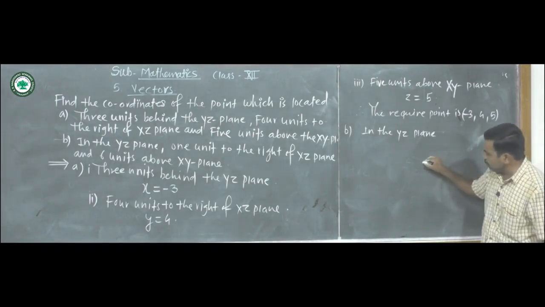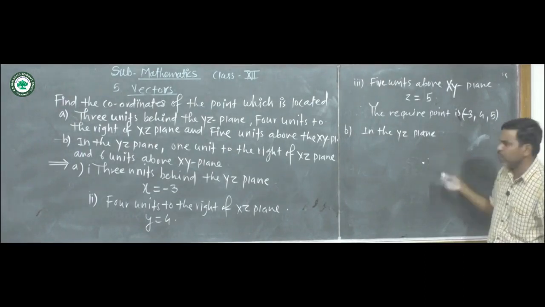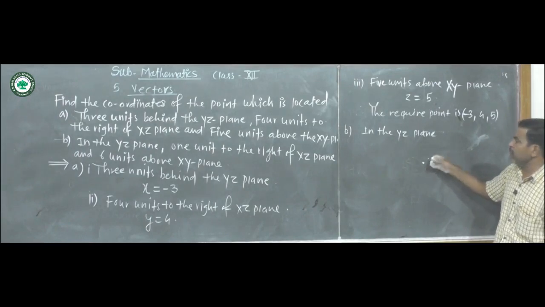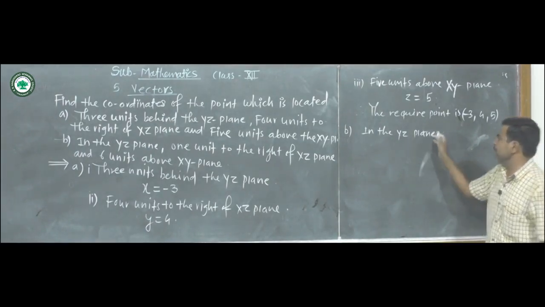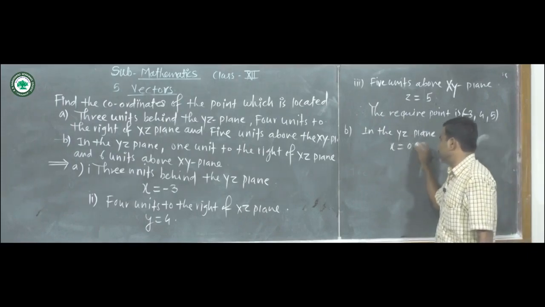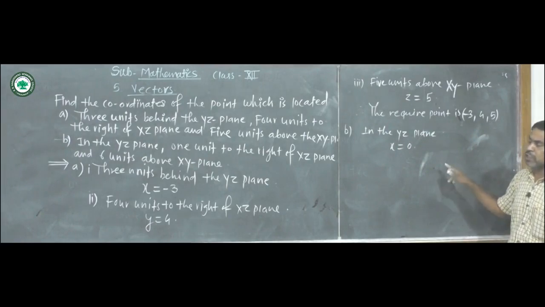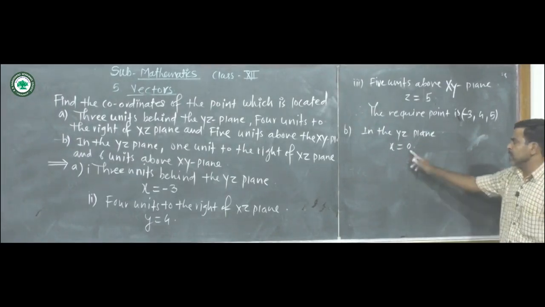That point is in the YZ plane. So the distance of this point from this blackboard is 0, because the point lies in the YZ plane. If a point lies in the YZ plane, then its x coordinate is 0. Why x is equal to 0? Because the distance of that point from the YZ plane is 0. So x is equal to 0.